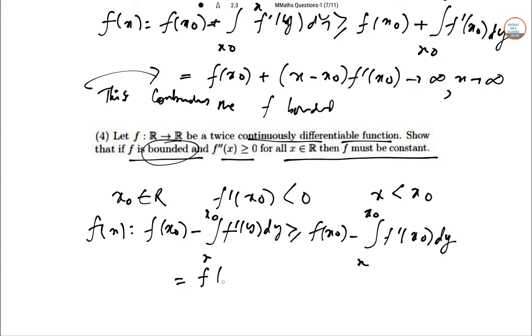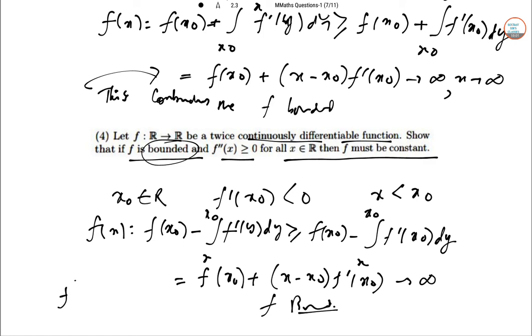So that is f(x0) plus (x - x0) f'(x0), which tends to infinity as x tends to minus infinity. So again it contradicts the fact that f is bounded. In both ways it is not possible, so we deduce that the only possibility is f'(x) equal to 0, and so f is a constant. So both are proved.